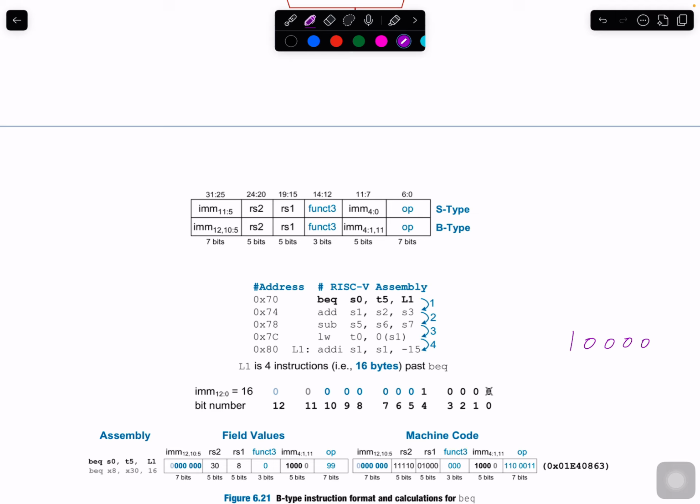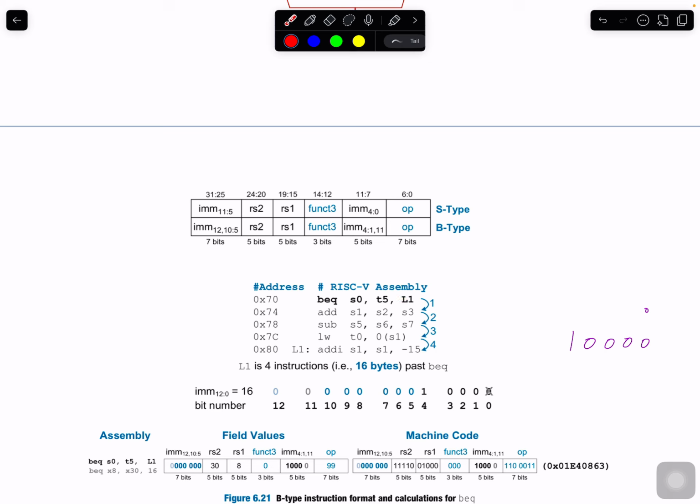Keep in mind that we only have 12 bits remaining here: 5 here, 7 here, 5 here, 7 here. So we can only store a maximum of 12 bits for the offset relative to this instruction.